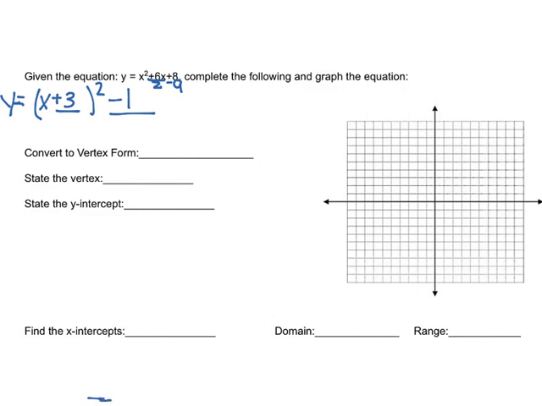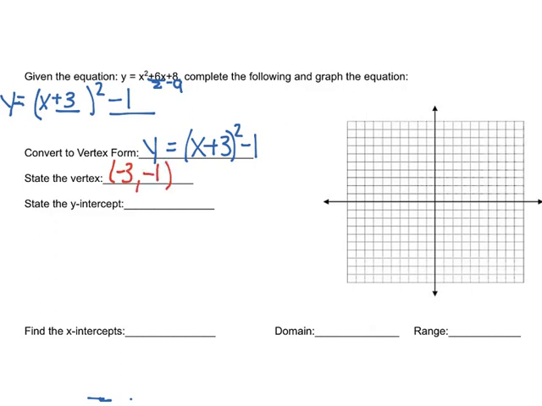Therefore, our vertex form equation is y equals x plus 3 squared minus 1. So now that I have it in vertex form, I can write the vertex, which is at negative 3, comma negative 1.